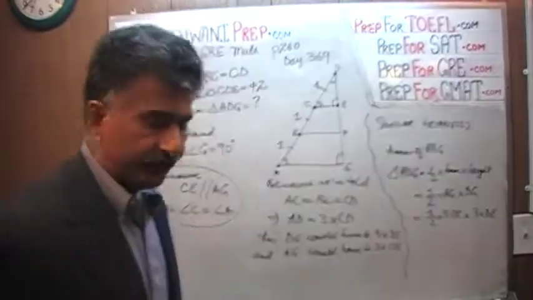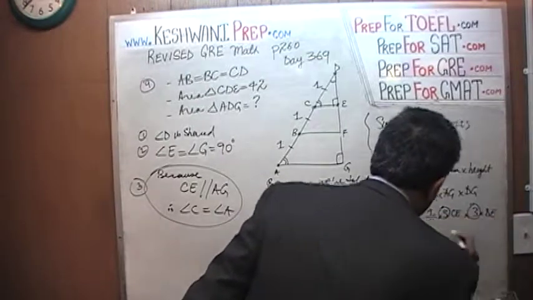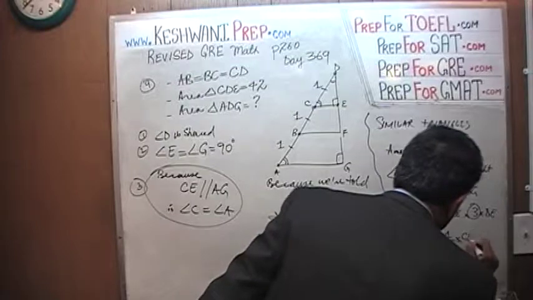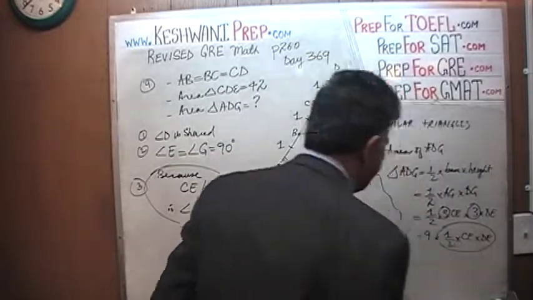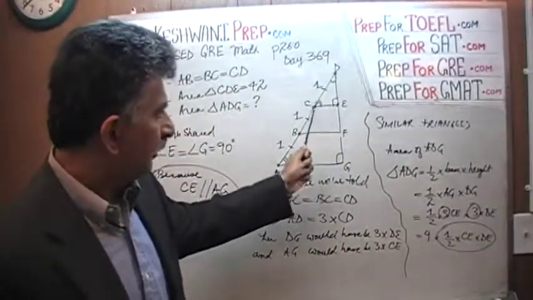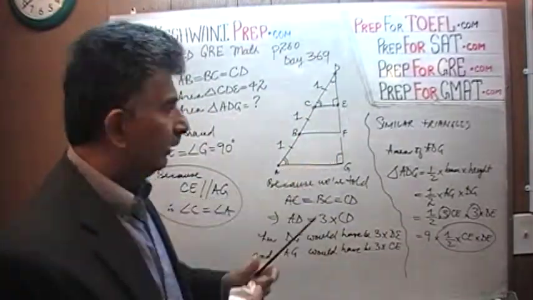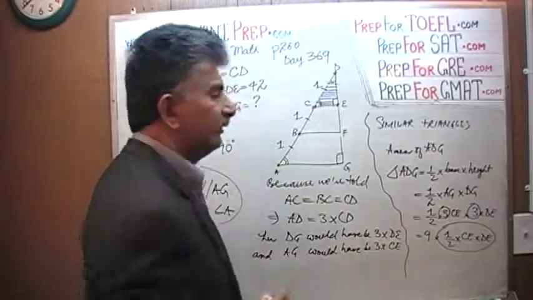Okay, we are almost there. This 3 right here and this 3, we're going to take it out. It's going to become 9 times 1/2 C to E times D to E. Now what do you suppose this quantity is? 1/2 C to E, which is the base, times D to E, which is the height. 1/2 base times height is the area of this triangle.